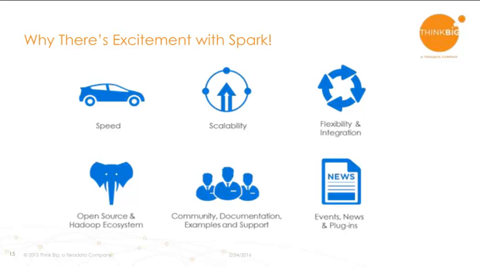I have to call out as well the documentation from Spark itself for all the frameworks around it, which is really good, and it really enables you to get started very fast. And finally, the relevance of plugins and events and news that is also available for anyone that wants to become a developer or data scientist on Spark.